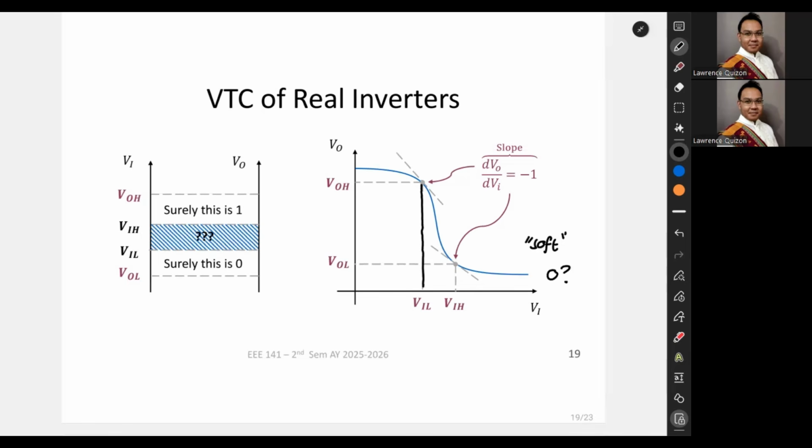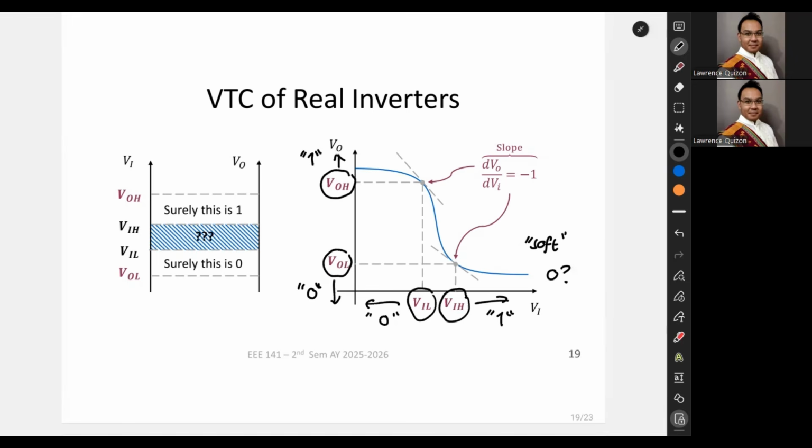At the -1 slope, we define that the input voltage below this is considered 0, and above this is considered 1. And for the output, below VOL is the output voltage that is considered 0, and above VOH is the output voltage that's considered 1.